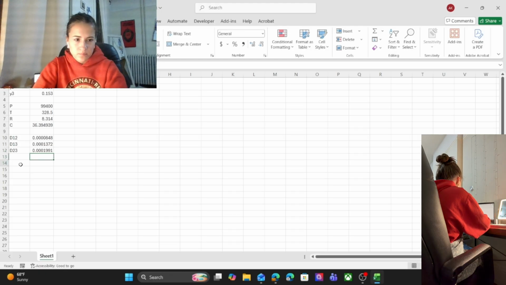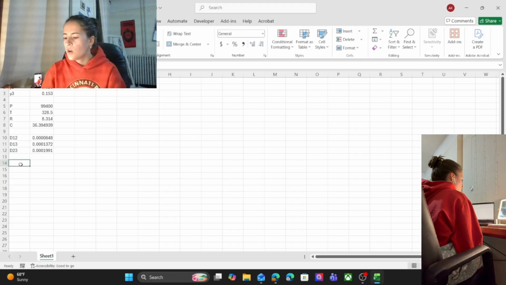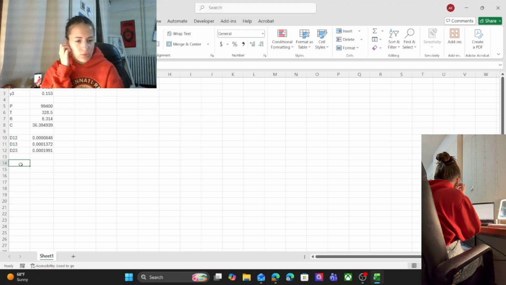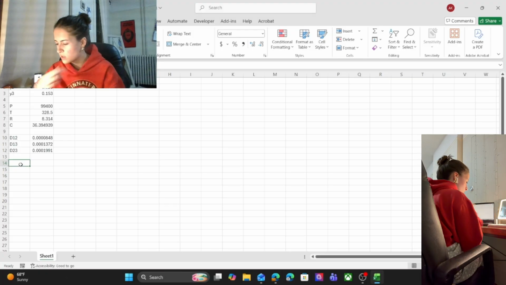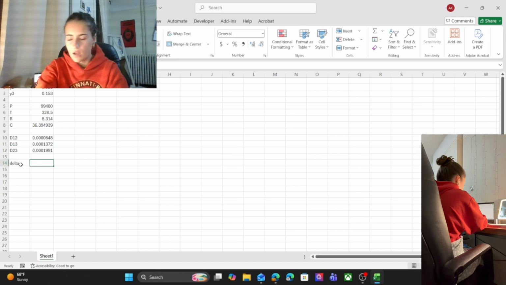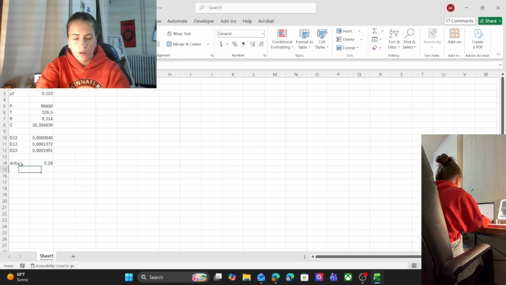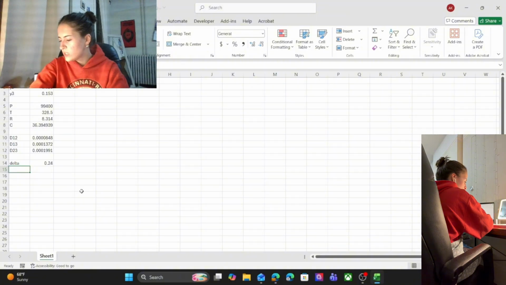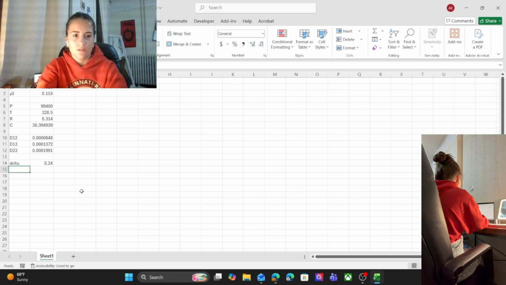All right. Okay, so now we have our molar concentrations, pressure, temperature, total concentration, the diffusive coefficients for each of these, and then we also need our delta, which is going to be 0.24, and that's going to be total, and then our counter is going to be 1,000, so we're going to have 1,000 steps.